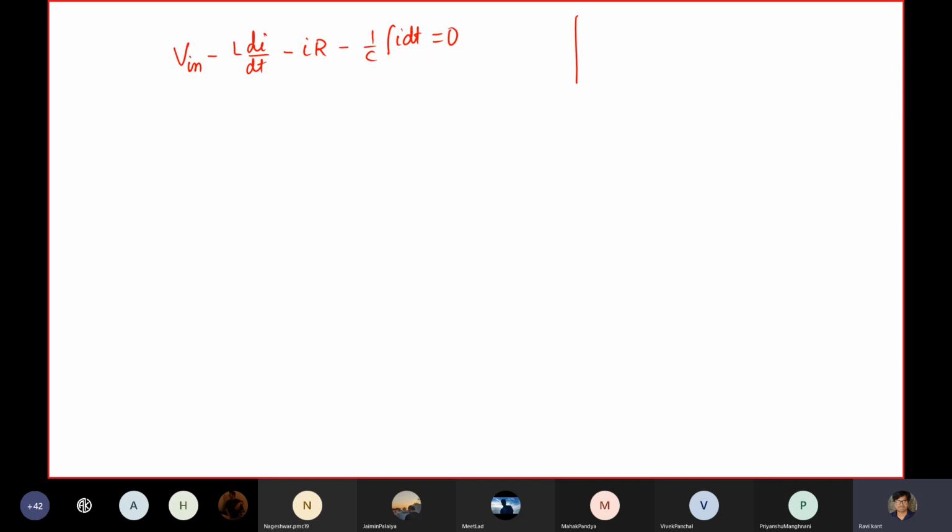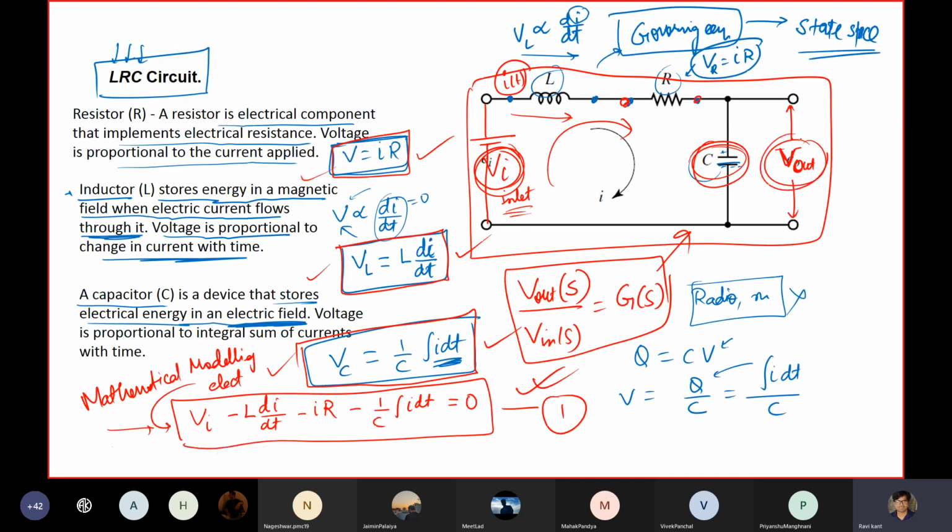And actually, what is your output equation? The output equation is the voltage across this C. Let's suppose I was making some radio. I want to tune. Essentially what these radio circuits do is you tune your capacitance C and the inductance in a certain fashion so that it resonates at some frequency.